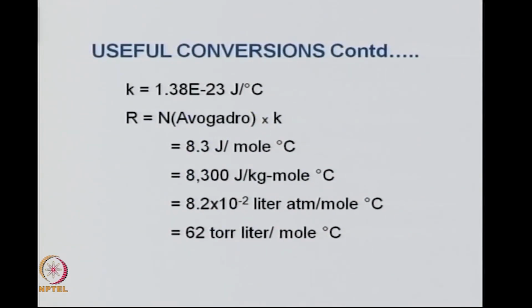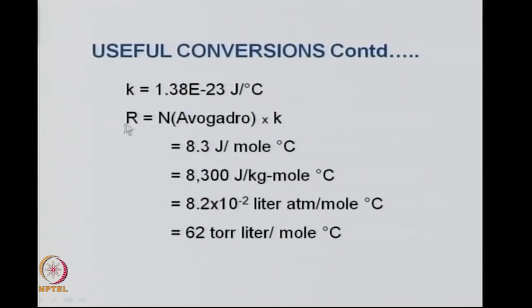Now, some other useful conversions are between the Boltzmann constant K and the universal gas constant R, which can be written in several different units, and one has to be careful when you are doing mathematical problems or converting numbers from one unit to another unit.